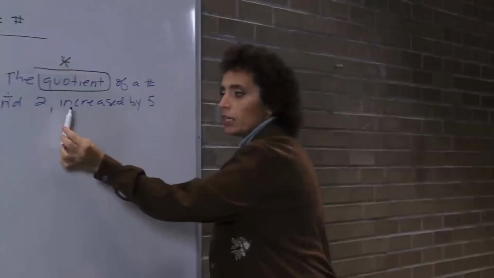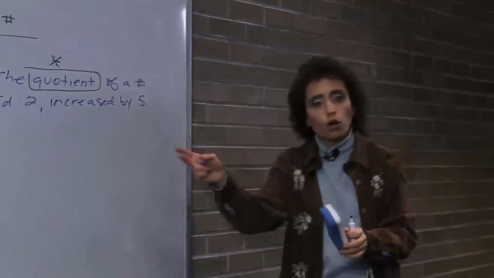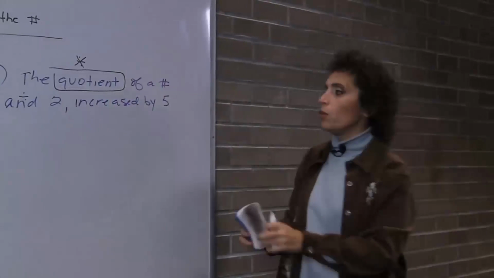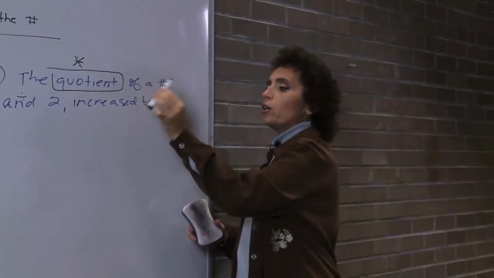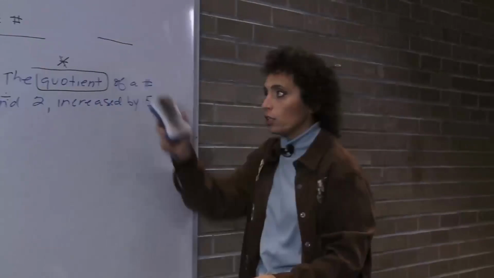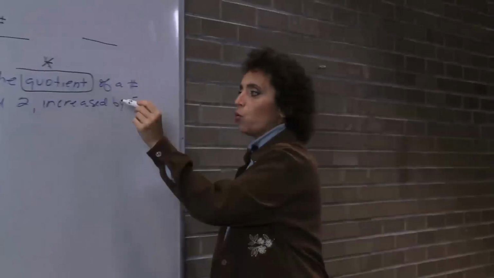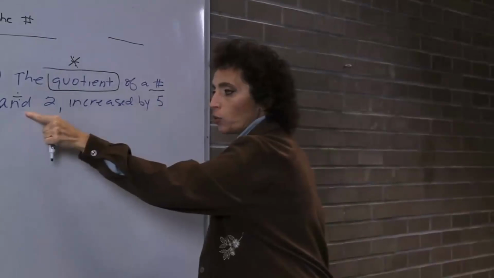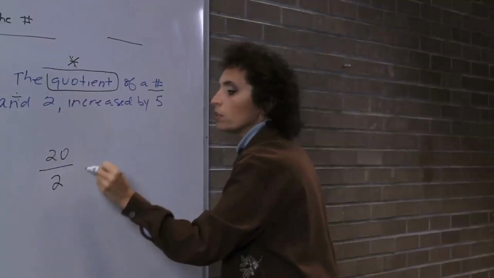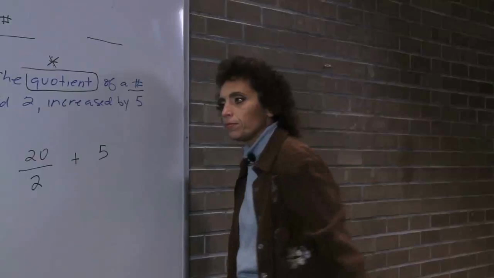See that comma? That comma means that's not part of the quotient, because that means, okay, new thought coming. So here we go. The quotient of a number, so that goes on top. Remember, I'm going to do quotient like this. I'm not going to use that division symbol. I'm going to use the line. So the quotient of a number and, that's where this line goes. So the number and 2 increased by 5.